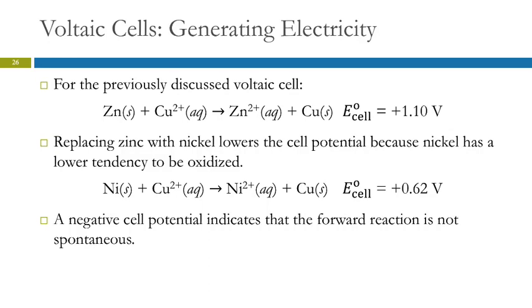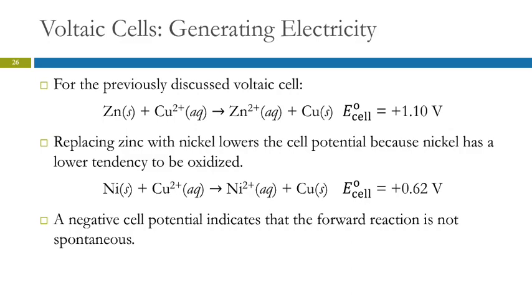So if the cell potential is positive, then it's spontaneous. You hook that up, you connect the wire, electricity will flow, the light bulb will light up. If this has a negative cell potential, electric current will not flow spontaneously. That's like the end of the river being higher in elevation than the beginning. Water's not going to flow forward, right?